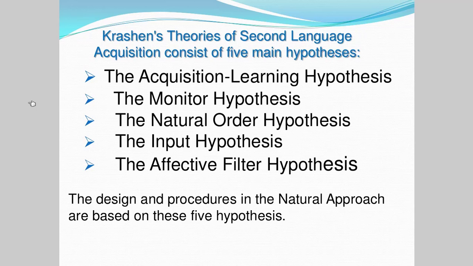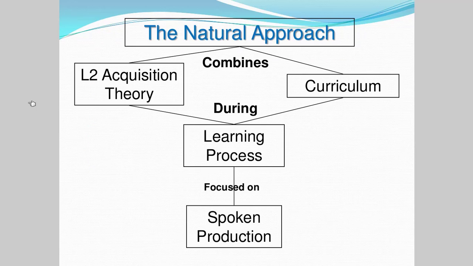Number one, the 5 hypotheses that he created related to language acquisition, right? And number 2, the first thing that I'm going to explain a little bit about, Stephen Krashen's background.